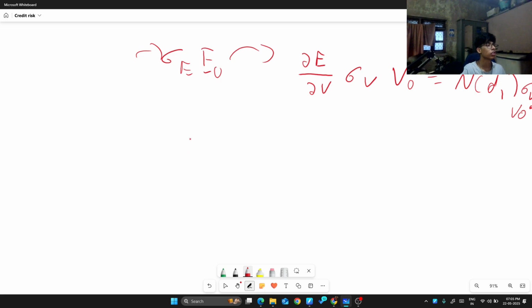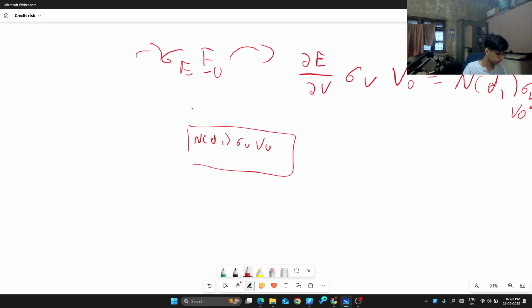I will write it properly. That's our expression, right? And because of this we can find our values of V0 and sigma V, and so we know the risk neutral default probability as N(minus d2).